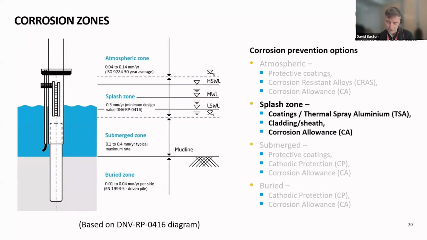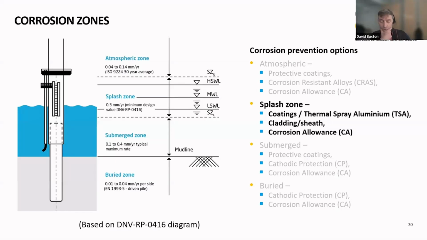Moving on to the splash zone. The splash zone is typically the zone with the highest corrosion rates, and that's largely because of high time of wetness. It's wet for most of the time, and there's still high oxygen availability. The corrosion rates increase, and so you could have, say, 0.3 millimeters per year, but that does depend on climatic conditions.